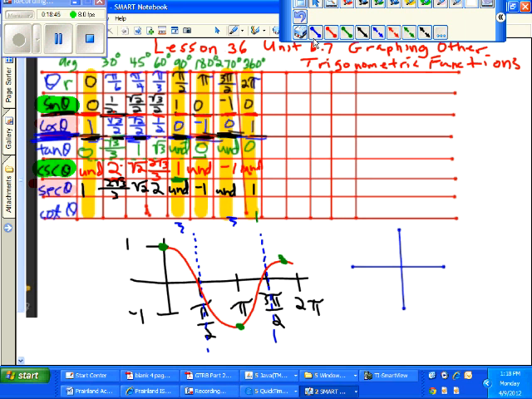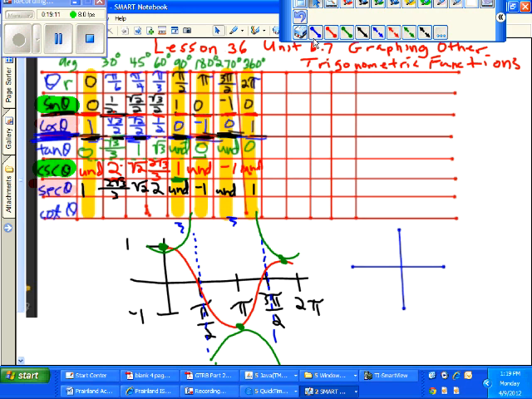And what we're going to see is that it's going to bounce off of that and go towards the next asymptote. It's going to bounce off of that and go towards the next asymptote. And it's going to hug the asymptotes and bounce down. And so secant and cosecant are bouncing off of sine and cosine and following those asymptotes.